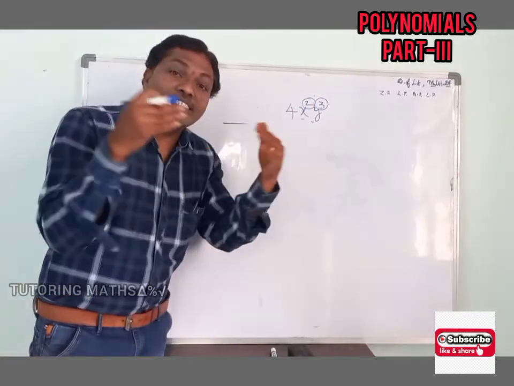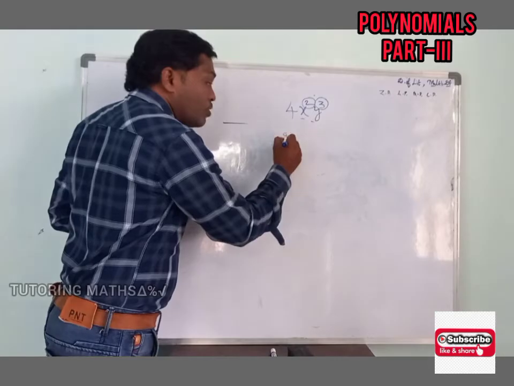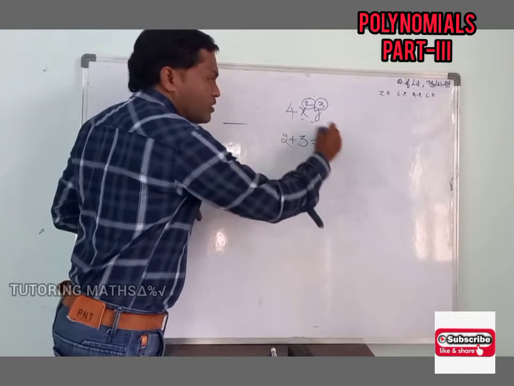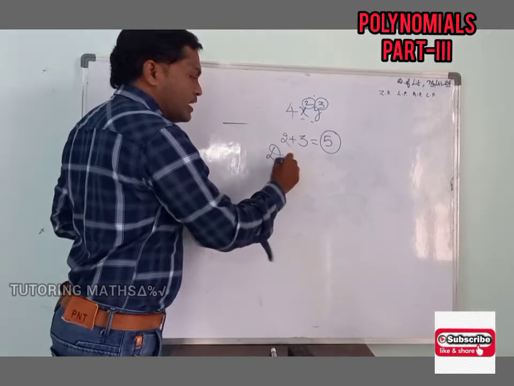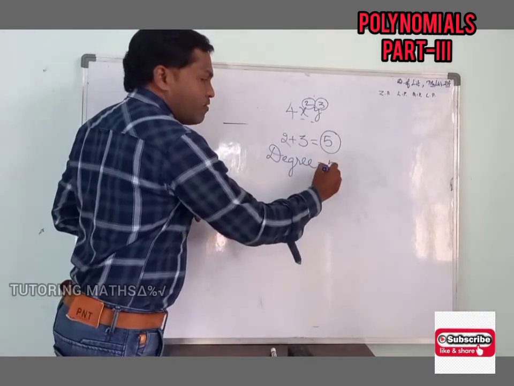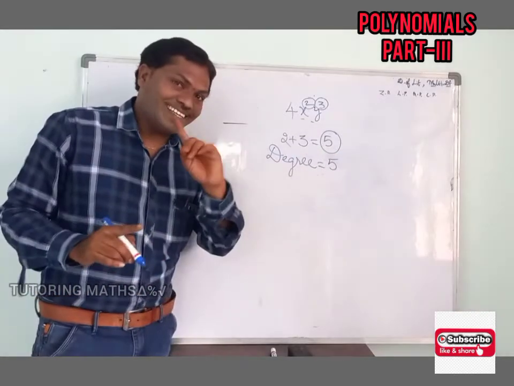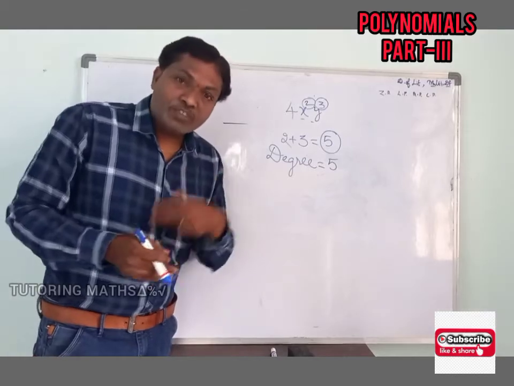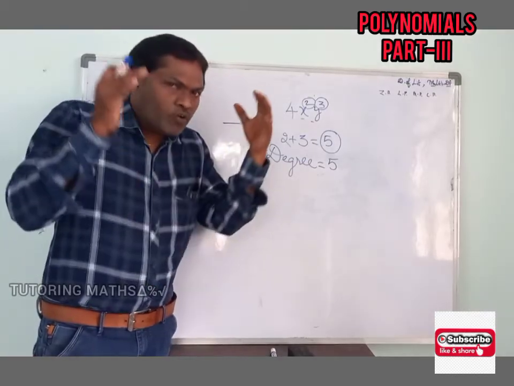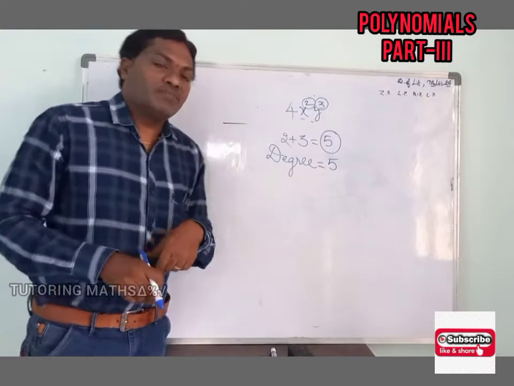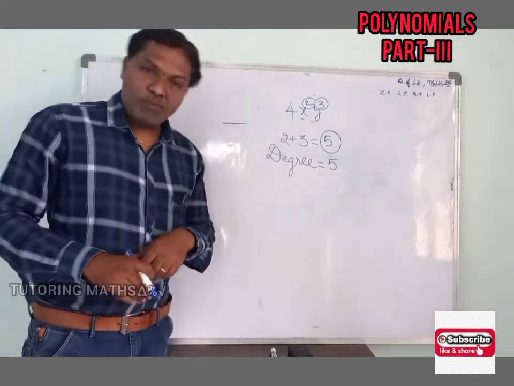Now find their sum. 2 plus 3 is 5. So what is the degree of this monomial? 5, but not 3. Because here we have 2 variables, 2 literal terms, find the sum of their exponents. The sum becomes the degree of this monomial.